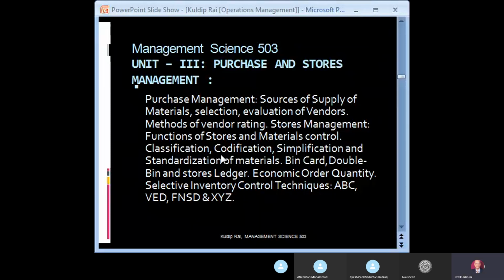The next you see on the screen is codification. Just now I showed you an Amazon warehouse where lakhs of items are stored. No human being can remember the names of these items. You have to give them codes. These codes can be of three types. Alphabetic codes. Alphabetic codes use letters A to Z, capitals and small letters.